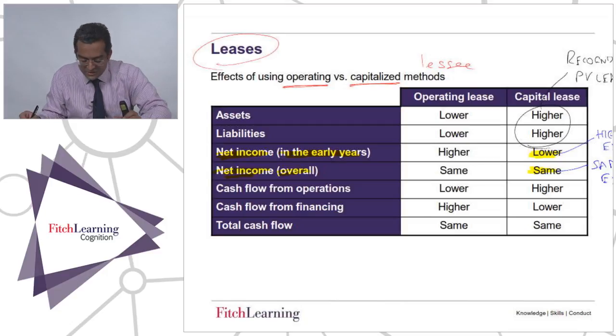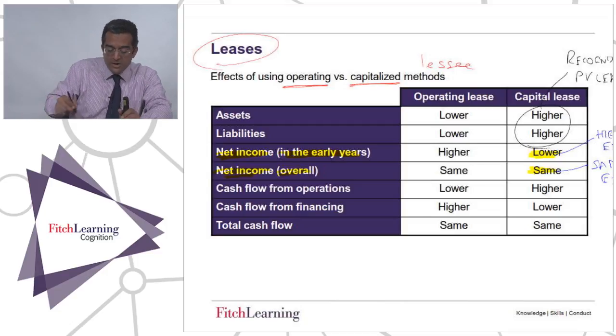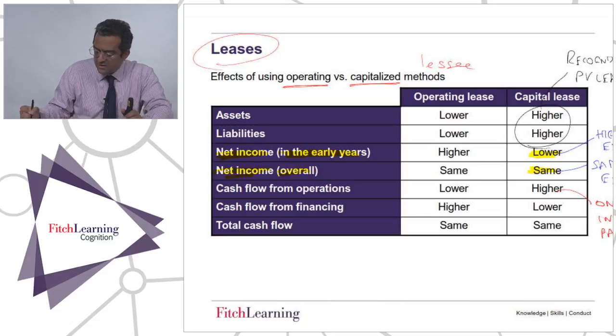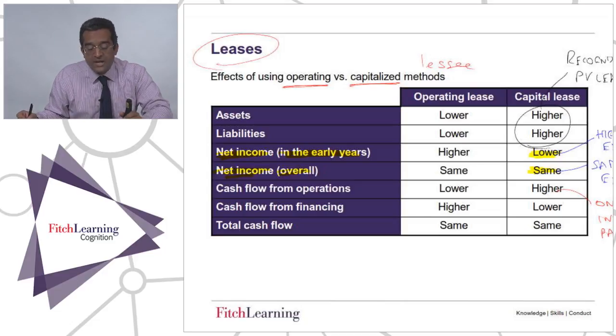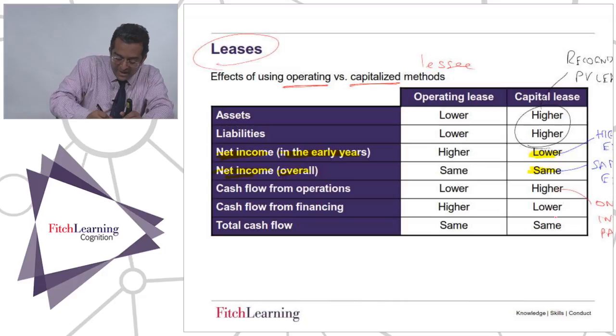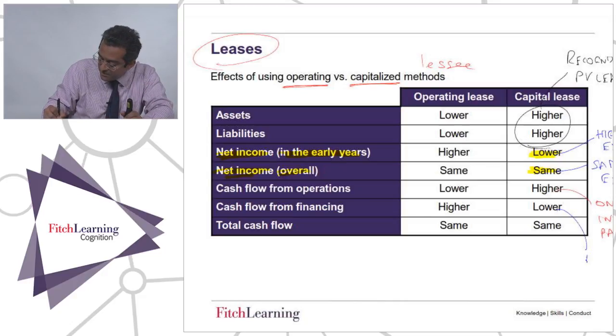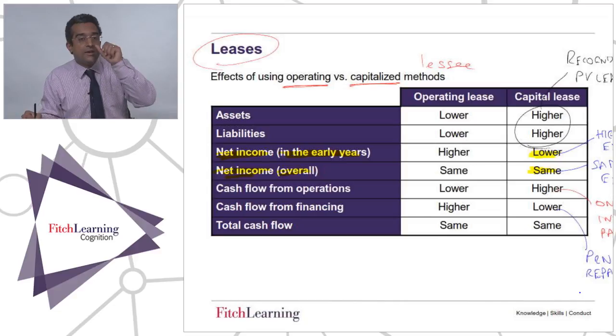Yep. In terms of the cash operations, guys, we agree the CFO will be higher because only interest paid is deducted from the CFO, whereas CFF is lower because the principal repaid is removed. That comes out of the CFF.